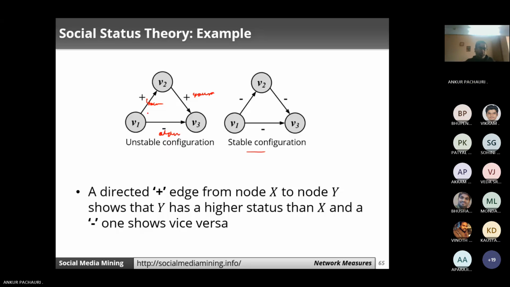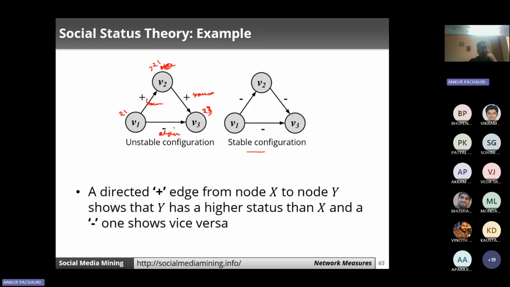Okay. So V1 is younger than V2. V1 is younger, so that means V2 is older. So suppose V1 is 21 and is younger than V2, so V2 will be at least greater than 21. Now V2 is younger than V3. So suppose it is 22, 23.